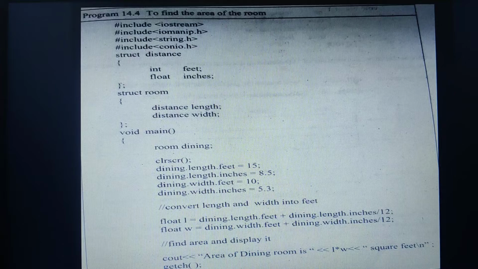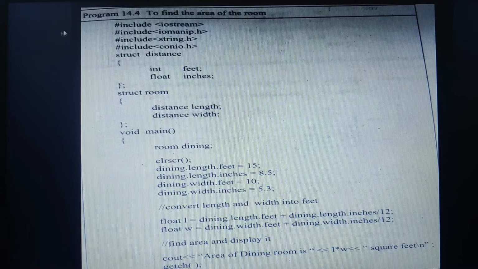That is the reason the definition of distance is written first, followed by the definition of the structure called room, because the embedded or internal structure should be defined before the outer structure. This is a very important point we have to remember in the case of the nested structure.